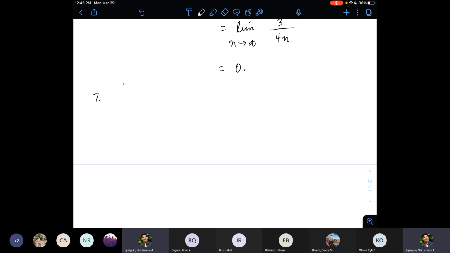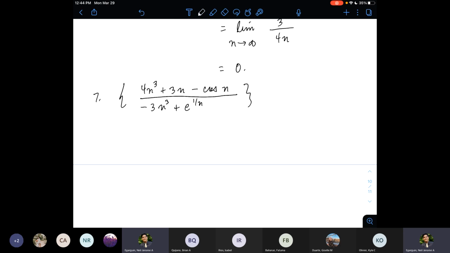Sequence of, say, 4n cubed plus 3n minus cosine n all over -3n cubed plus e to the 1 over n. Okay, let's try problem 7. You have this sequence, which is a ratio of 2 expressions.